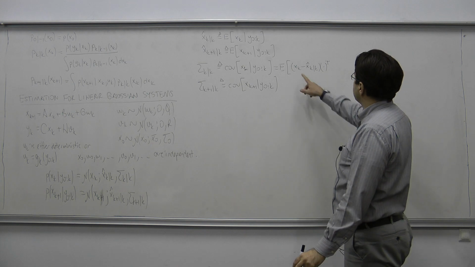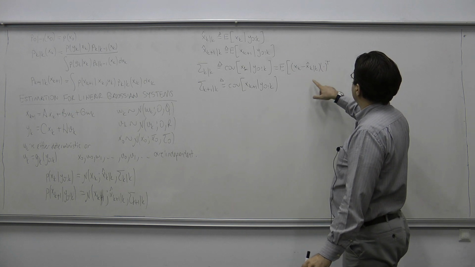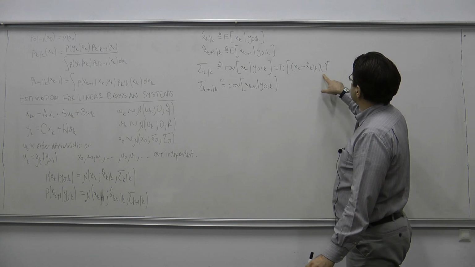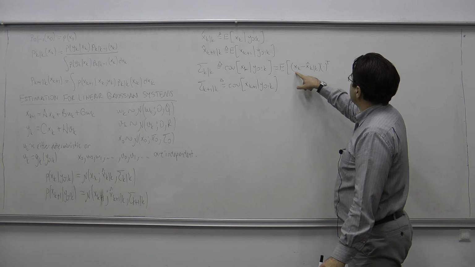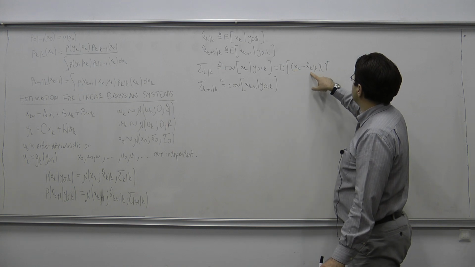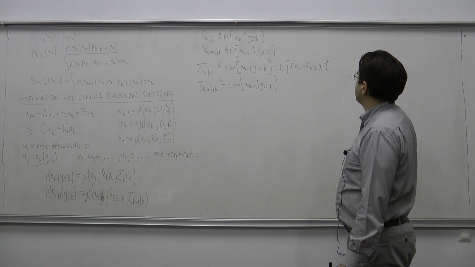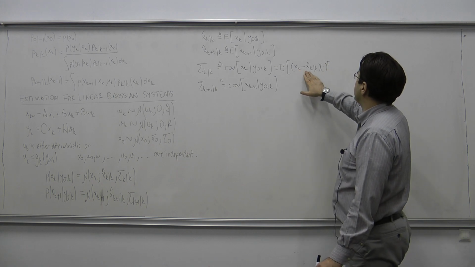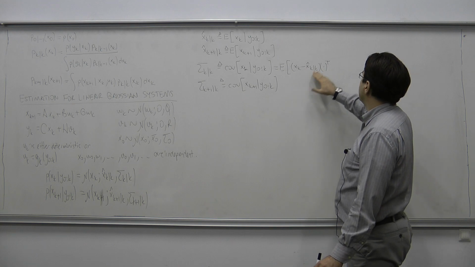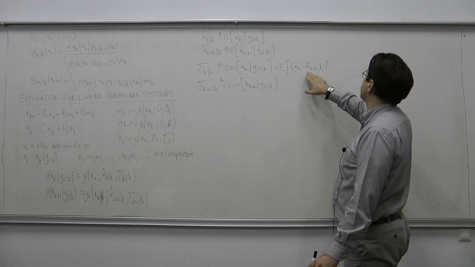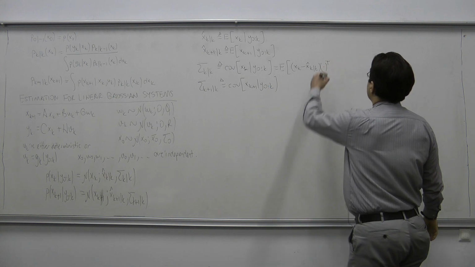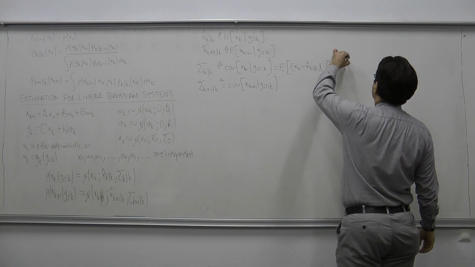Sometimes, in order to save time and effort, instead of writing the outer product completely like this, I will write something in parentheses and an empty parenthesis here, and transpose. This is going to mean that (xk minus x at k given k) times (xk minus x at k given k) transpose, given y0k.